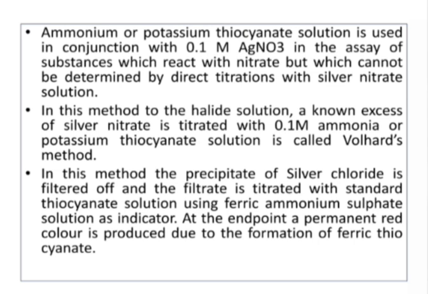This is called Volhard's method. The precipitate of silver chloride is filtered off and the filtrate is titrated with the standard thiocyanate solution using ferric ammonium sulfate solution as indicator. At the end point, a permanent red color is produced due to the formation of ferric thiocyanate.